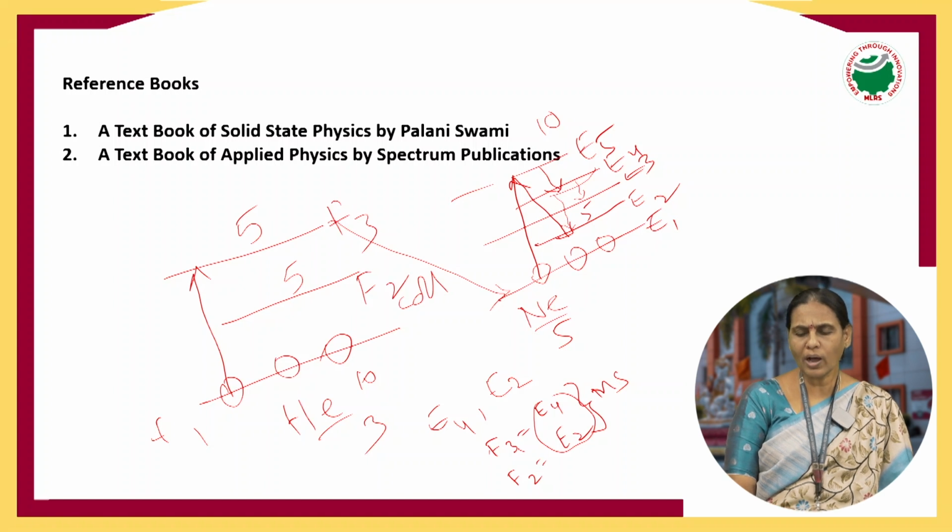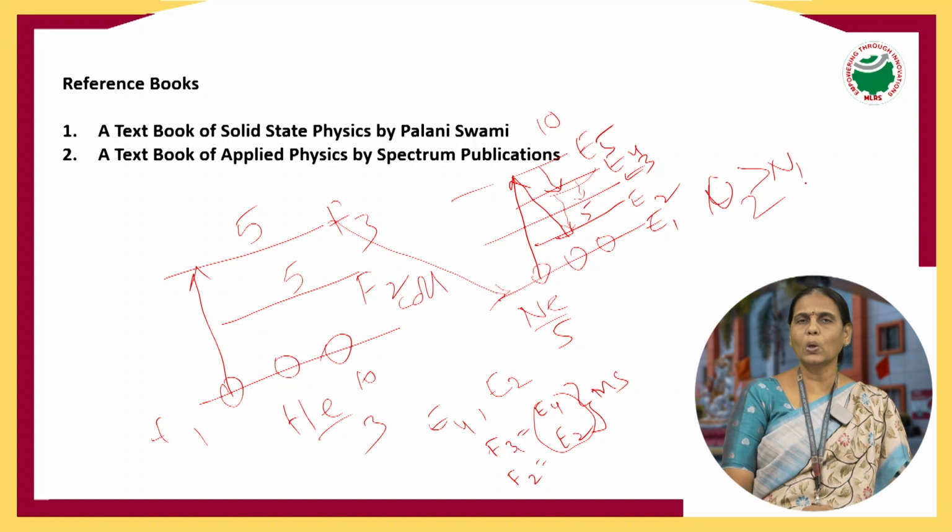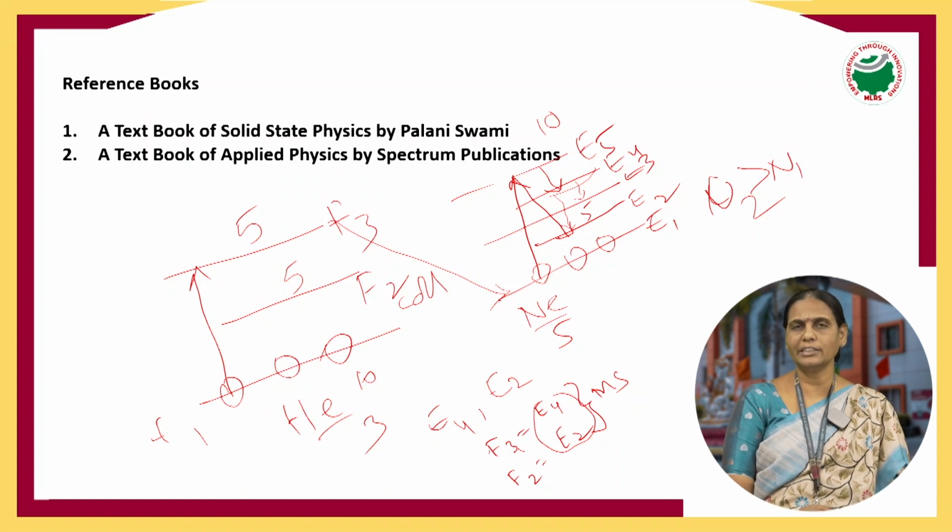That is why the same number of atoms that jump to E3 also jump directly to E2. You can observe that more atoms are present in the higher energy state when compared with the lower energy state. N2 is greater than N1.